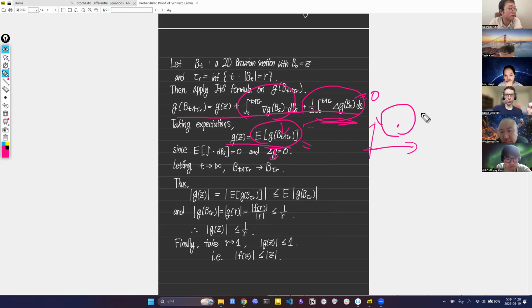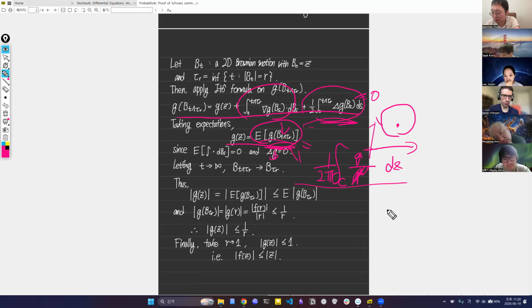If we set the boundary as the circle centered at the point, then this expectation should be like this, R, on the circle, and it is Gauss's mean value theorem.